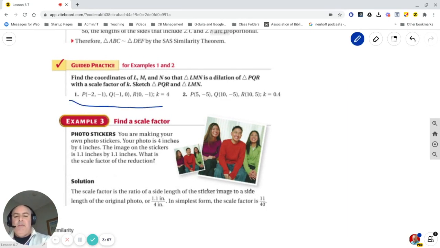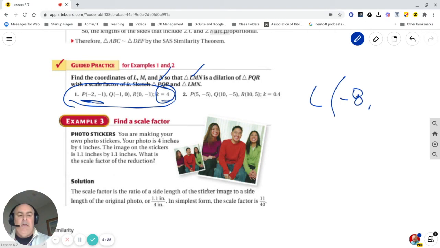For this example, I'm given 3 coordinate points, and I don't have to plot my figures in order to determine my new coordinates for my new drawing. So if P is (-2, -1) and my scale factor is 4, P is going to relate to L, and that's -2 times 4, which is -8, and -1 times 4, which is -4.